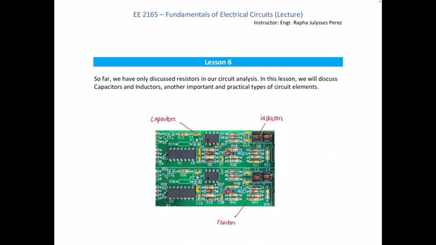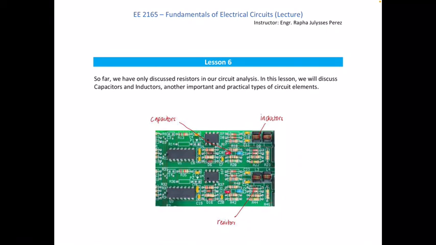In the image that you are seeing, we have three basic circuit elements. We have the resistors, which are those ceramic stuff that you can see in stripes, and then we have the capacitors, which are those ceramic stuff again, represented in solid colors, which in this case are red and blue.